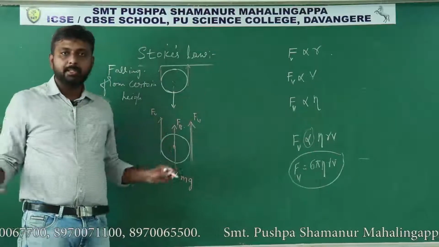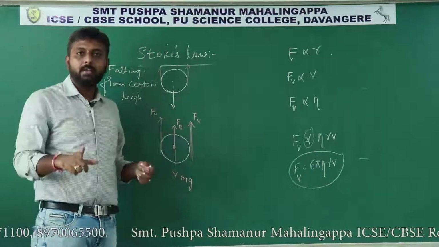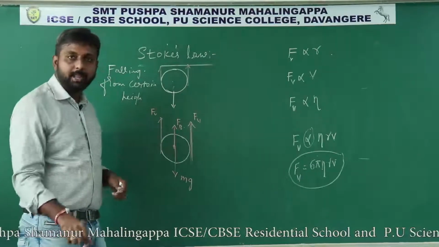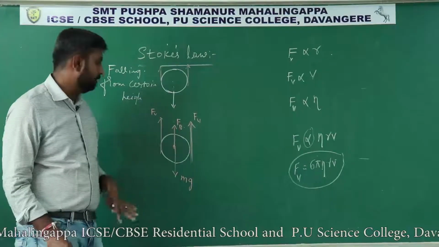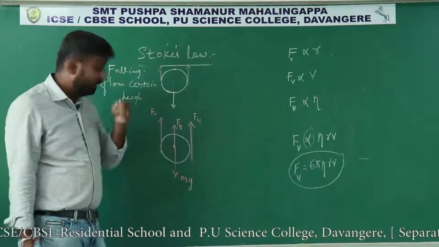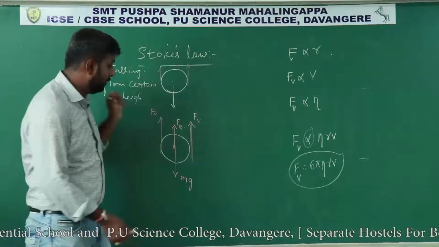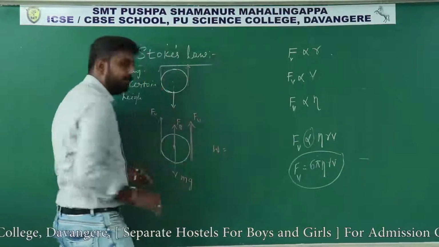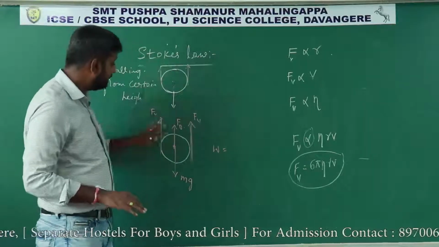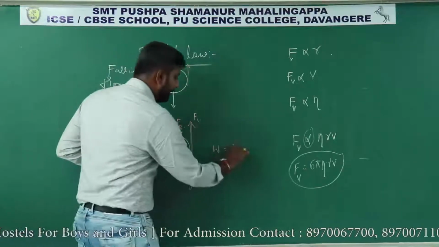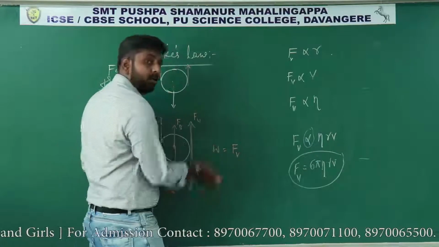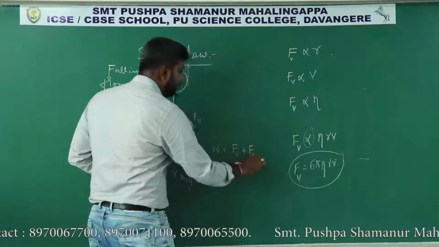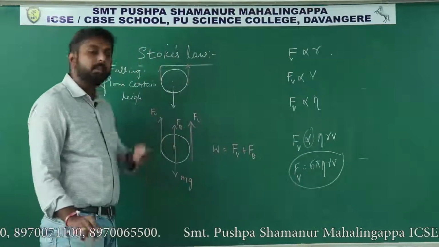Due to the fluid medium, the viscous force and also the buoyant force are both acting in the upward direction, and the weight of the object is acting vertically downwards, that is mg. Then consider a situation. If the weight of an object balances this viscous force and force of buoyancy, then what happens?